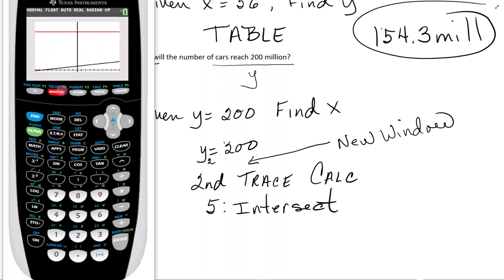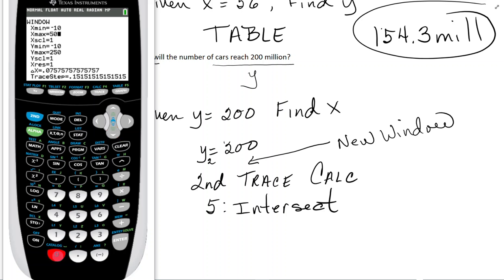So I have to go to window again, and this time change X max. Well, what should I change it to? I don't know. 50? Maybe. Let's see. Remember, this is the number of years. All right, the graph looks a little different.